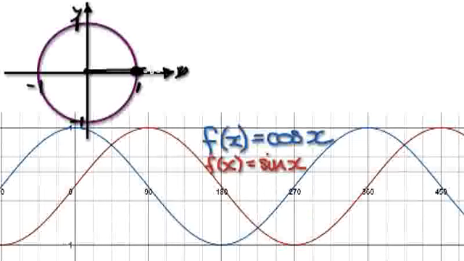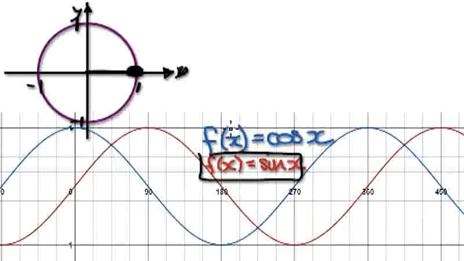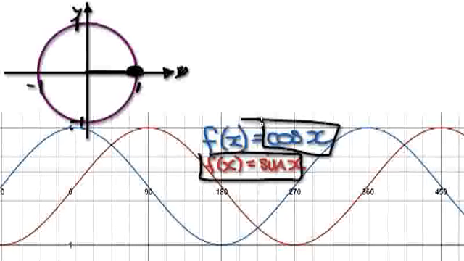Let's say the angle here is 0, so it's just from here straight across. When the angle is 0, the height, which is sine, will be 0. The red line here represents sine of x. The blue line here represents cos of x.